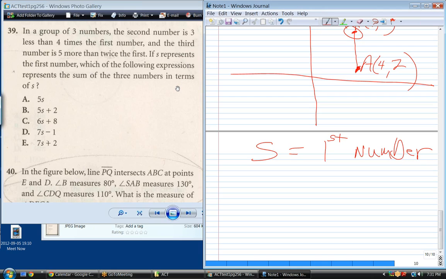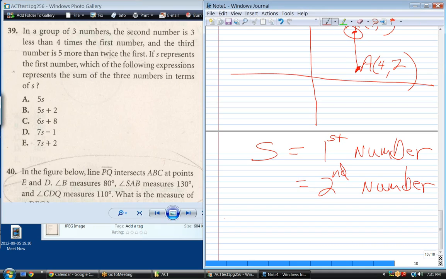So if S represents the first number, what's the second number? 5 more. Okay, the second number is 3 less than 4 times the first number. How would I write that?